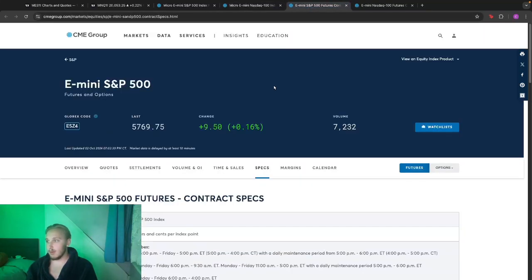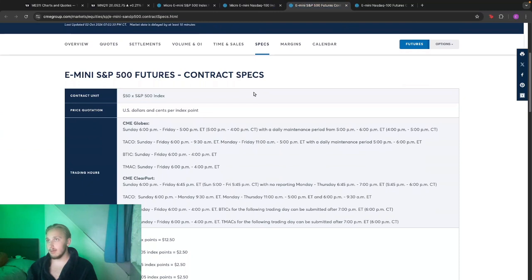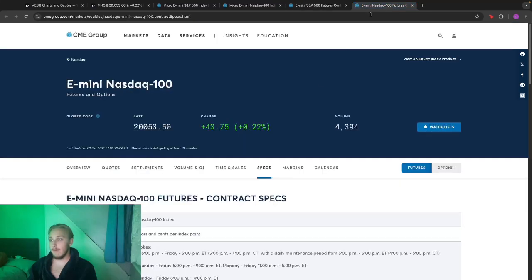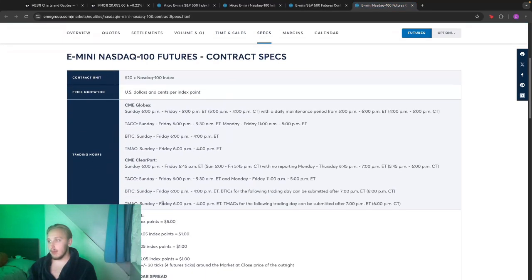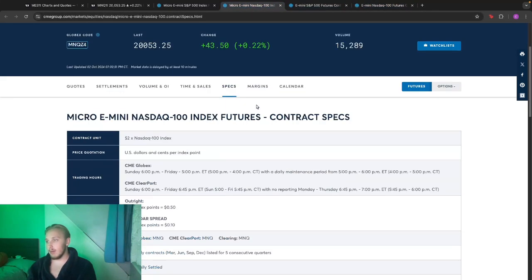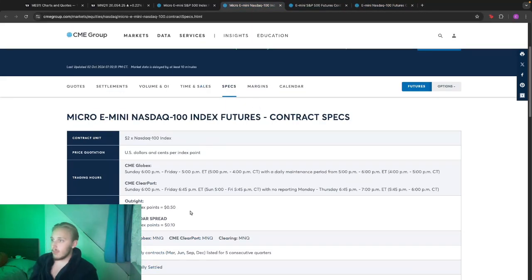And then you come on to the minis, which is the bigger contract. 1 tick is worth $12.50. You come onto NASDAQ, one tick is worth $5. So essentially you're trading the same price, but for each tick, it's less.